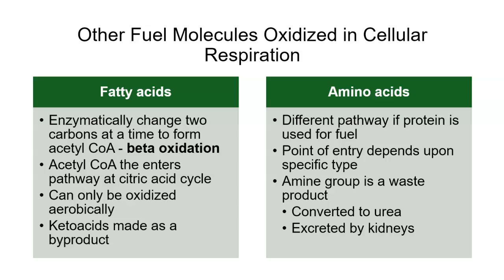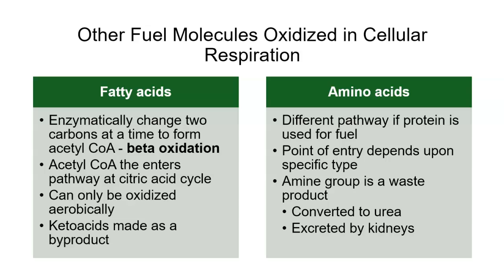This can only be oxidized aerobically, so oxygen must be present. One of the things that happens because of this is the production of keto acids, which can be very harmful if they accumulate, as they do with uncontrolled diabetes mellitus, and the patient goes into ketoacidosis.